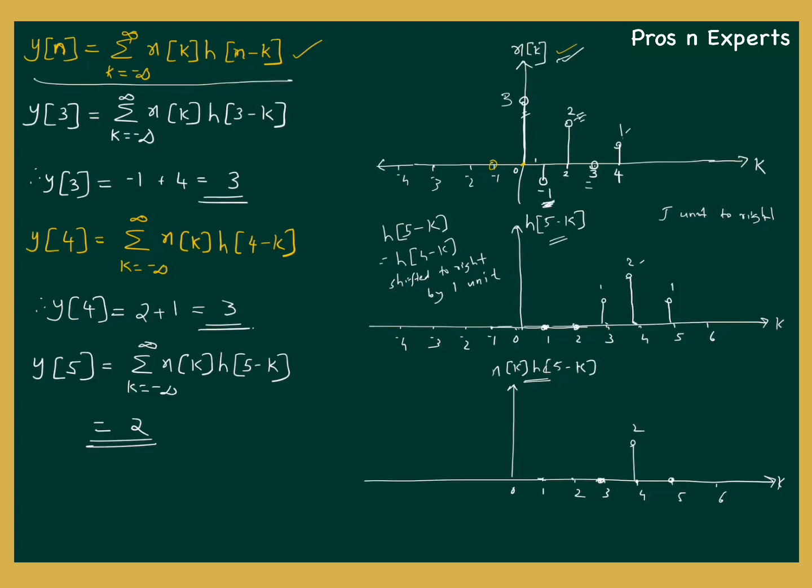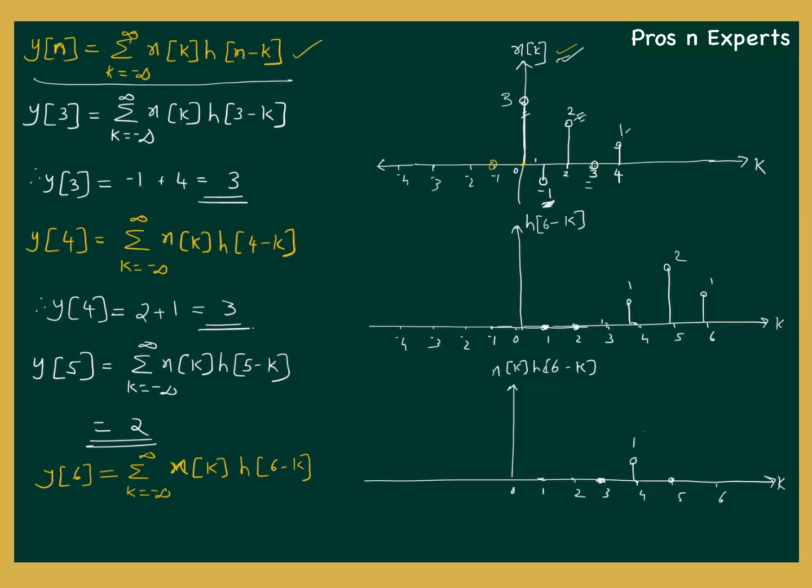And the last sample y of 6 will be equal to the sum over k equal to minus infinity to plus infinity of x of k into h of 6 minus k. I have drawn this for you.